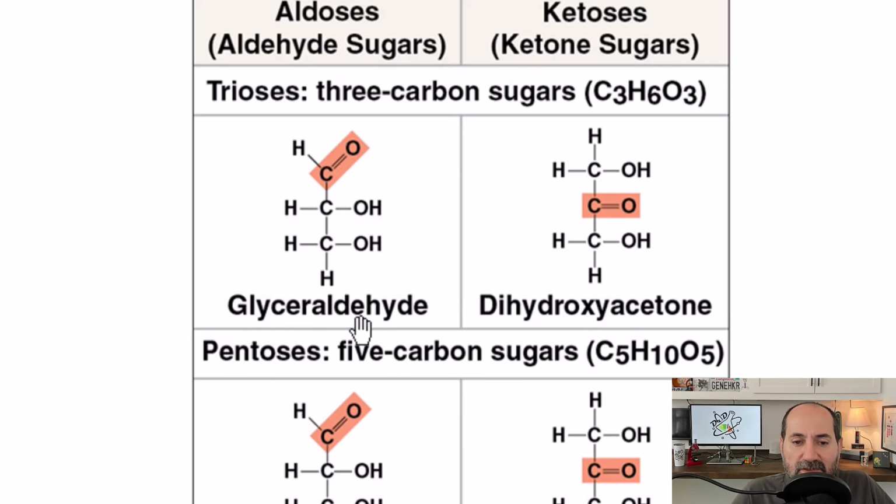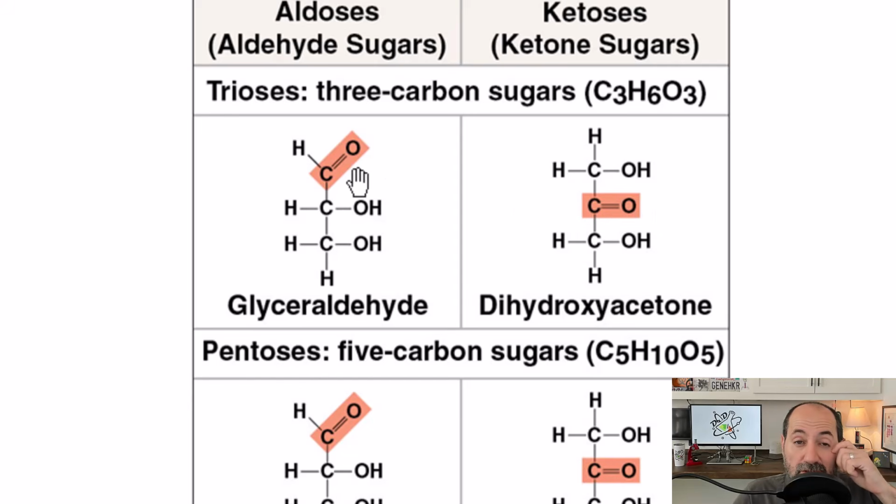So on the left, you can see the isomer which is an aldose, which means a sugar with an aldehyde group. This is glyceraldehyde. And on the right, you can see the isomer which is a ketose, which means it's a ketone sugar. It has the ketone carbonyl group. Do you remember your carbonyl groups? The aldehyde carbonyl group and the ketone carbonyl group?